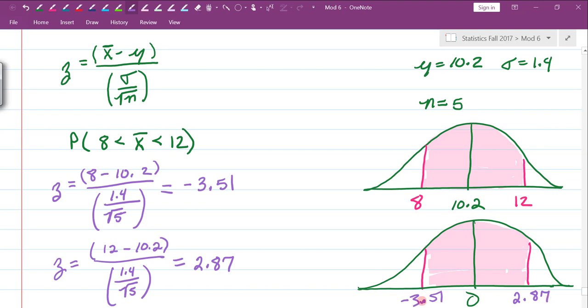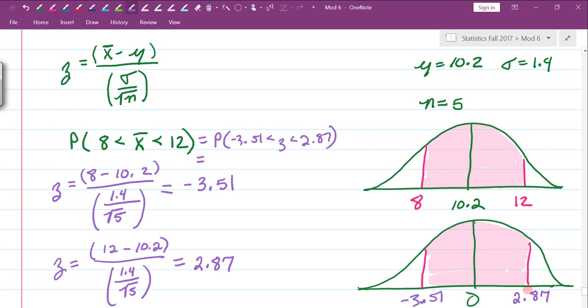So let's go ahead and finish this out. So this is going to be equal to the probability that negative 3.51 is less than z, which is less than 2.87. Now, this is going to be equal to, what's the area under the curve from 2.87 all the way out to negative infinity?